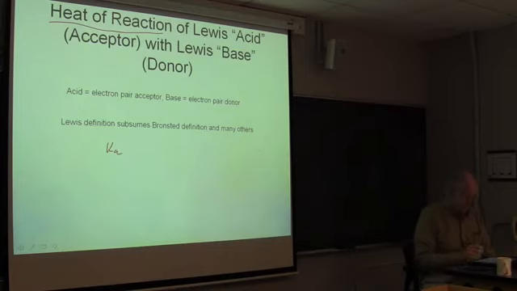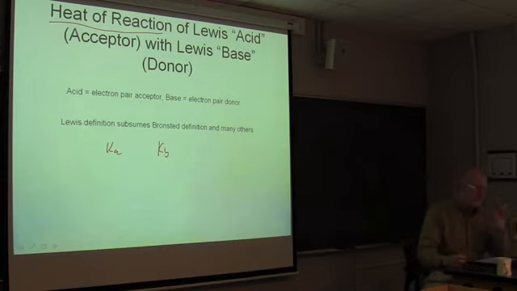Kb. And that's the end of the story. Unless it's a diprotic acid or a dibasic base, then you need Ka1 and Ka2, Kb1 and Kb2. But there's only one parameter that characterizes the strength of an acid in the Bronsted system, and one parameter that characterizes the strength of a base in the Bronsted system.